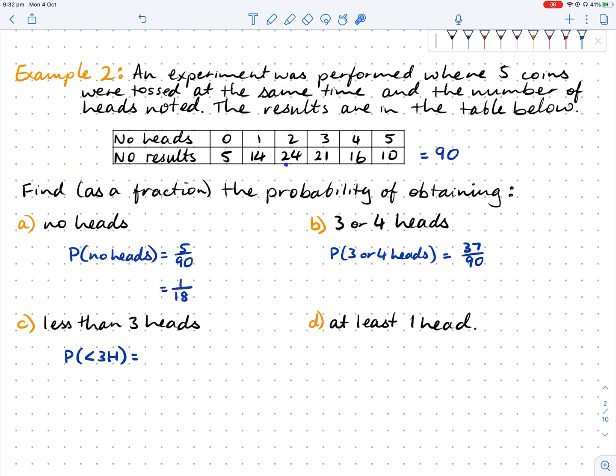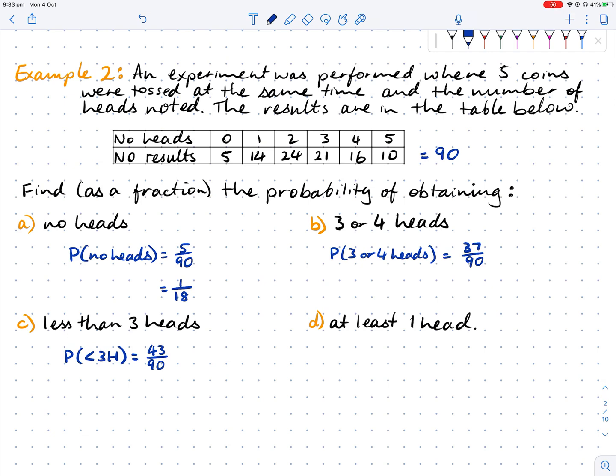So we've got 24 plus 14, which is 38, plus another 5 is 43, I hope. So it's 43 over 90. Let's just double check that. Yes. So less than 3 heads, you want to count up how many of each of those.